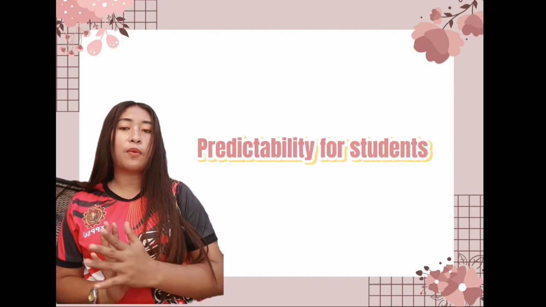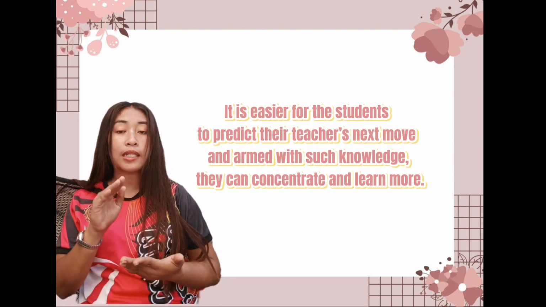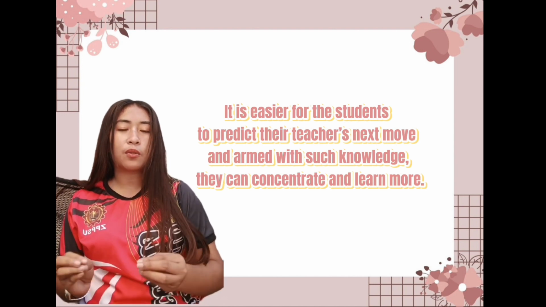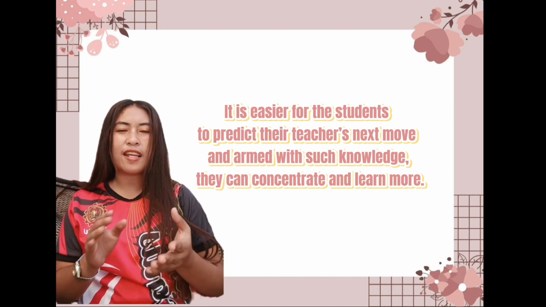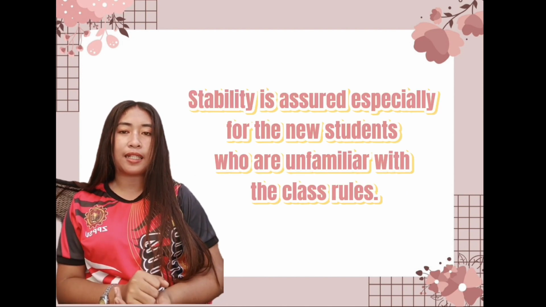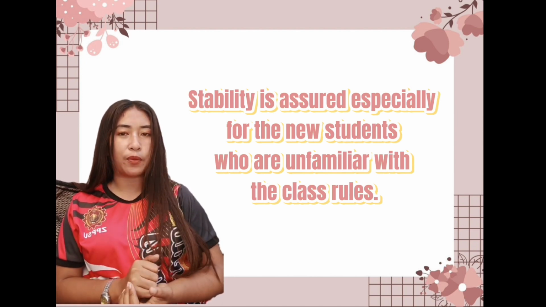Fourth is predictability for students. When teachers follow routines, it becomes easier for students to anticipate their next move. So this predictability can help students concentrate better and enhance their learning experiences. Fifth, stability is assured, especially for new students who are unfamiliar with the class rules.